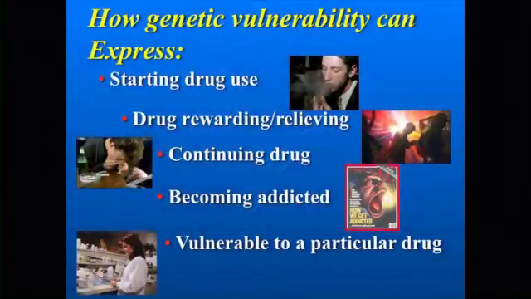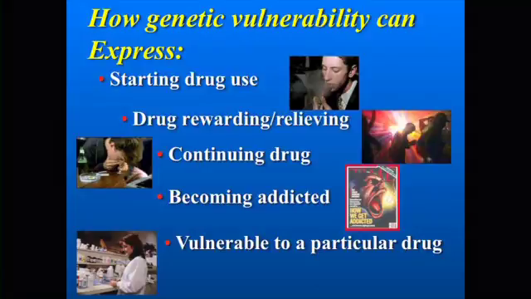How can genetic vulnerability express? I said that there's over 100 of these variants. What kinds of functional consequences would that have in terms of impacting on addiction or the addiction process? Well, these are some of the functional linkages that have been identified. Some polymorphisms are associated with your inclination to start drug use, and that might relate to reward systems.